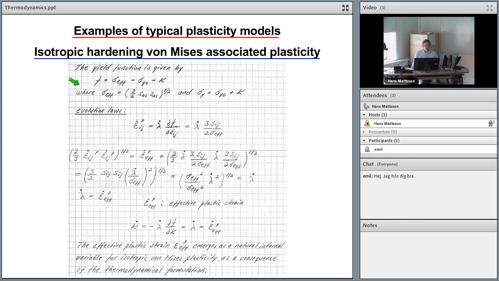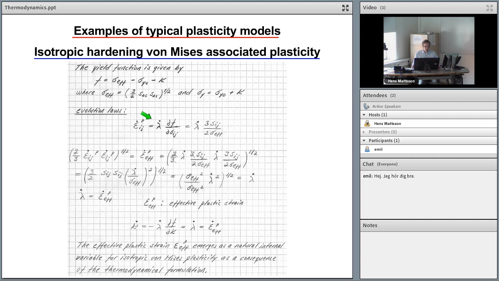And in the von Mises model, we have this yield function, the effective stress, that's like this, minus sigma y, that is like this, and then it becomes minus sigma y 0, the initial stress, minus the hardening parameter, big K.